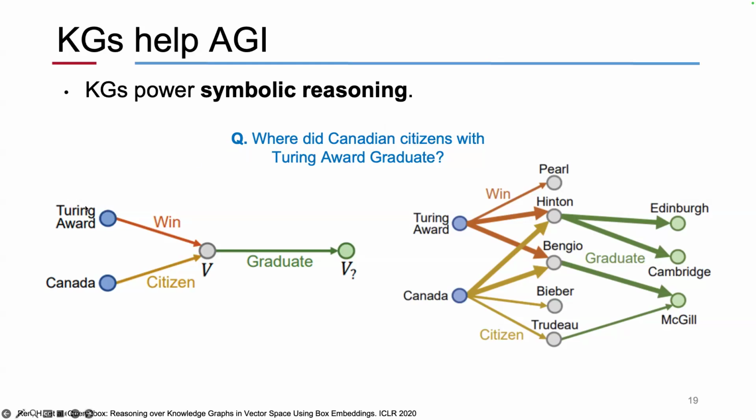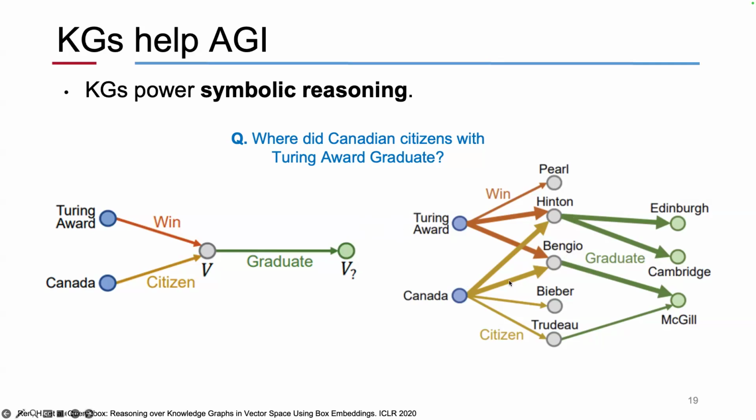For instance, we can first find who won the Turing Award, who is a Canadian citizen, and then we take the intersection of their answers, and then we further execute another query. For instance, where did this person graduate from? This is symbolic reasoning. We can finally get the answer and answer really complex questions, right?